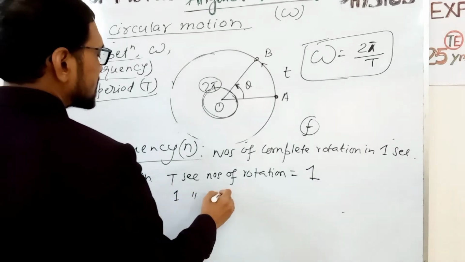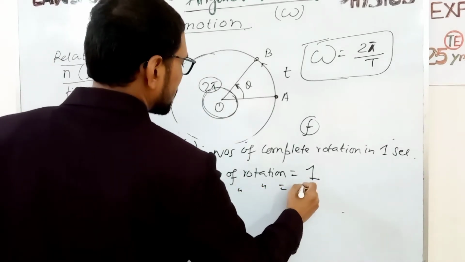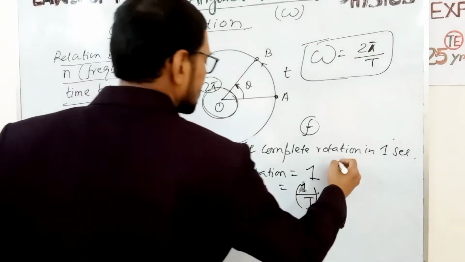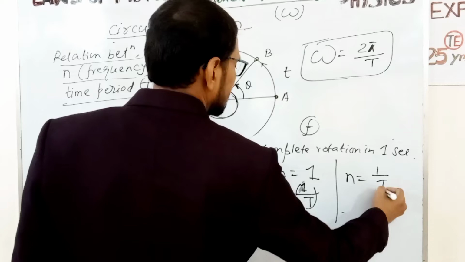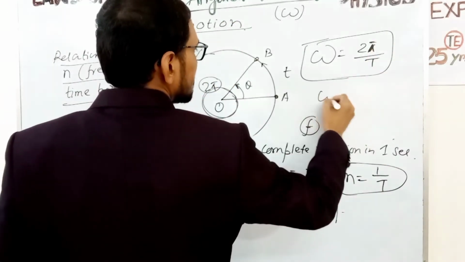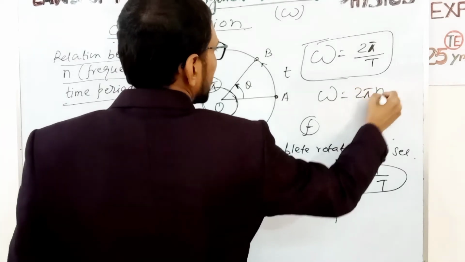By the unitary method, in 1 second the number of rotations equals 1 by t. So n equals 1 by t. Now if we put 1 by t equal to n, we get omega equals 2 pi n.